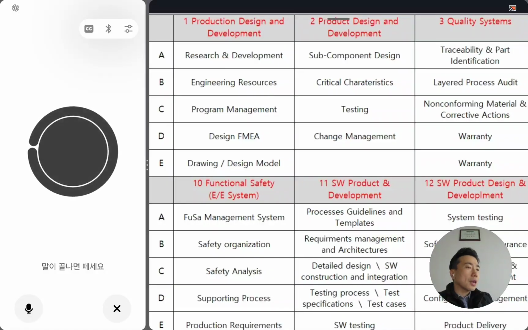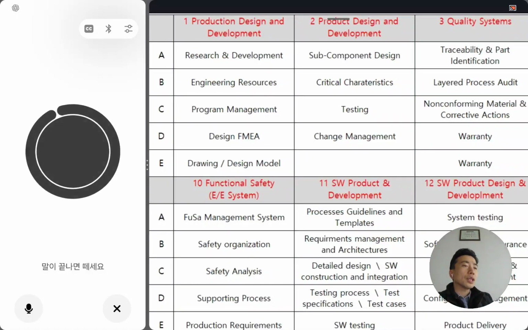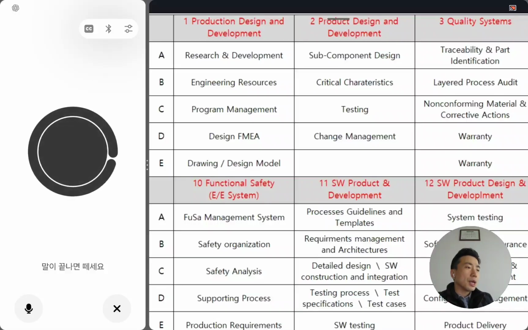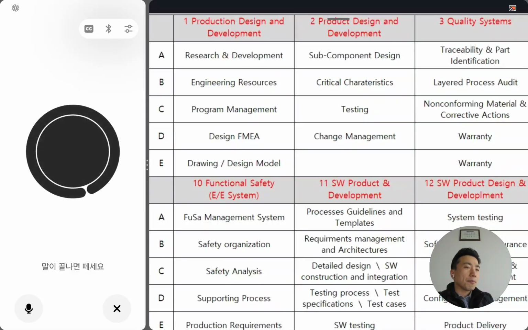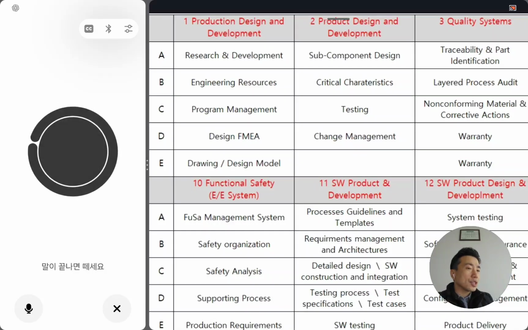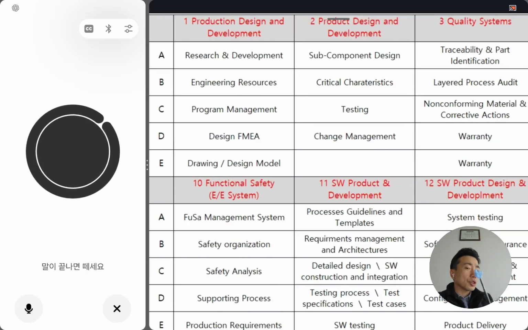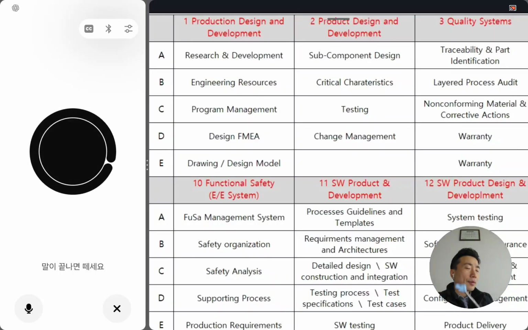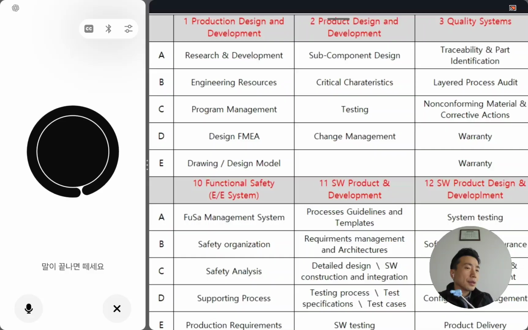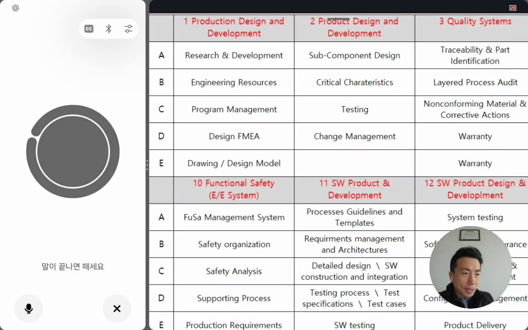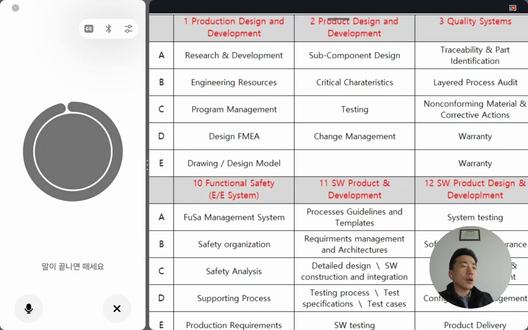How do you ensure measurement systems are capable enough for these features? I think this is a very important question.